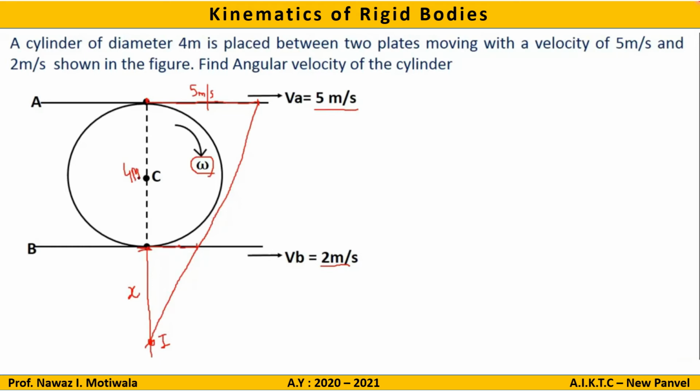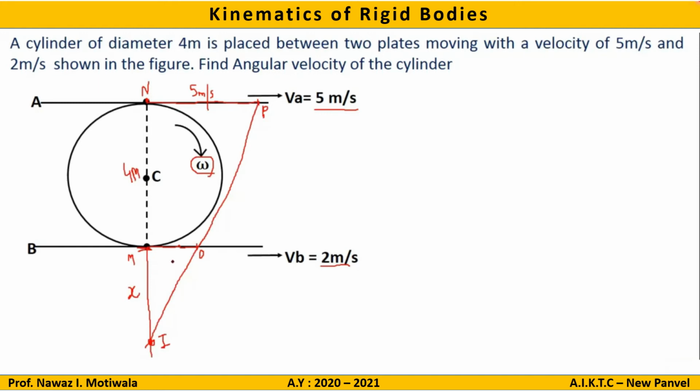Now if you observe, there are 2 different triangles. One triangle is this smaller triangle. Let me name it M, O, this point N, and this point P. Now there are 2 triangles: this smaller one, MOI, and the other one, INP, the bigger triangle.